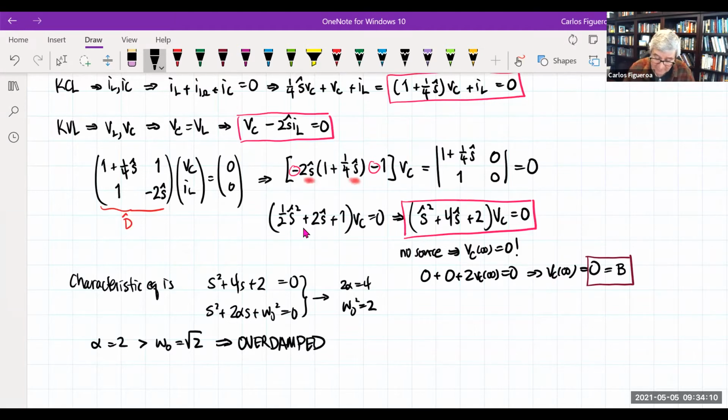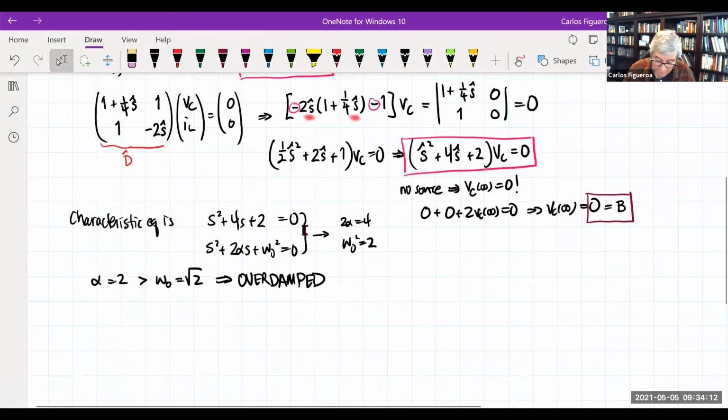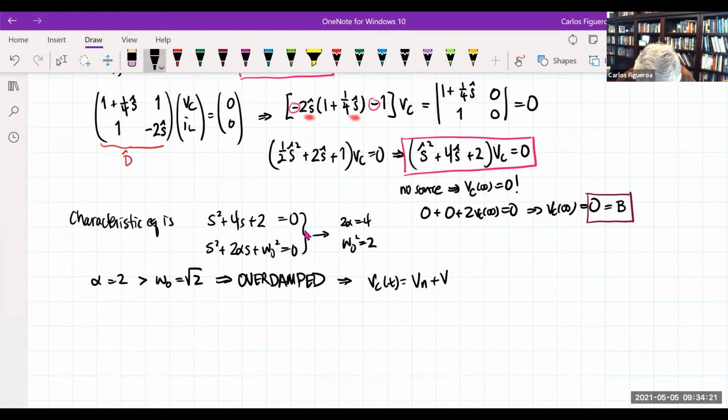So then my solution isn't going to look like this here. I'm going to see that VC of t is going to be some natural response plus some forced response, but we already saw that this forced response was 0. And so I'm going to get a solution that looks something like this.